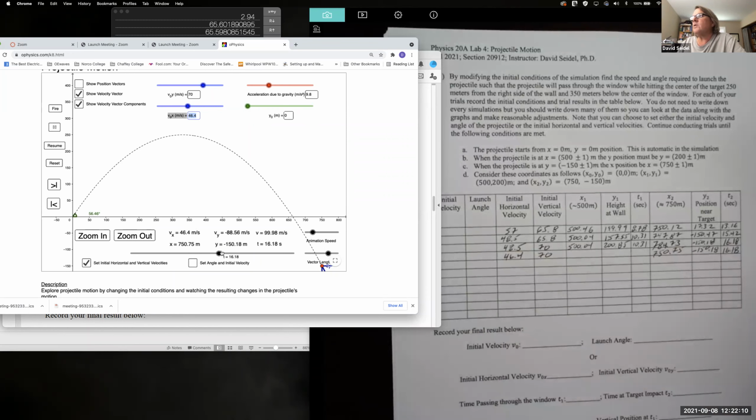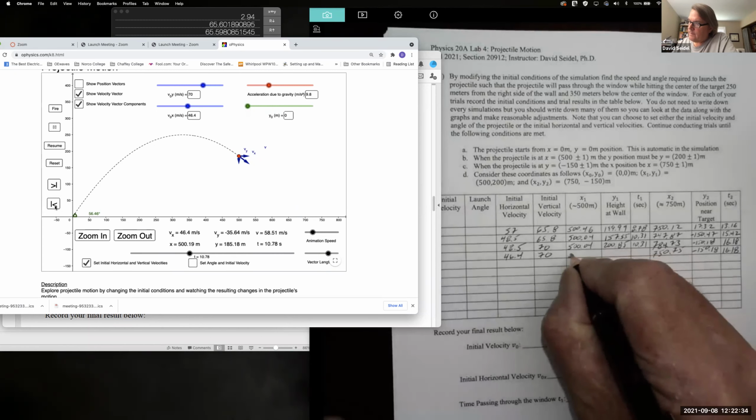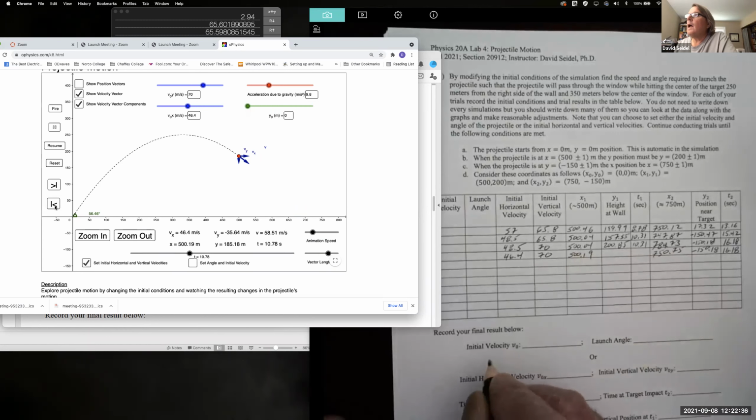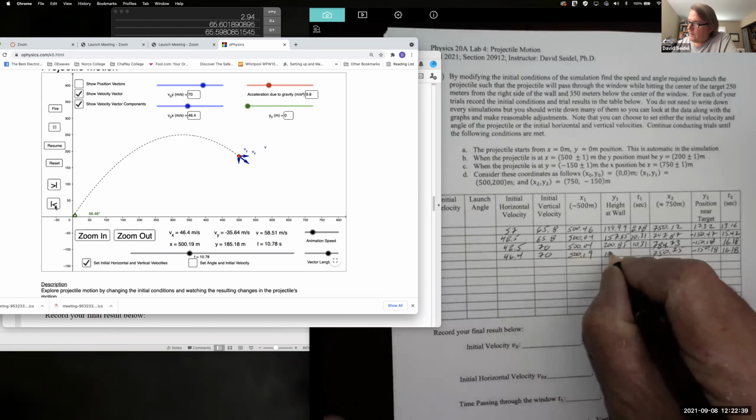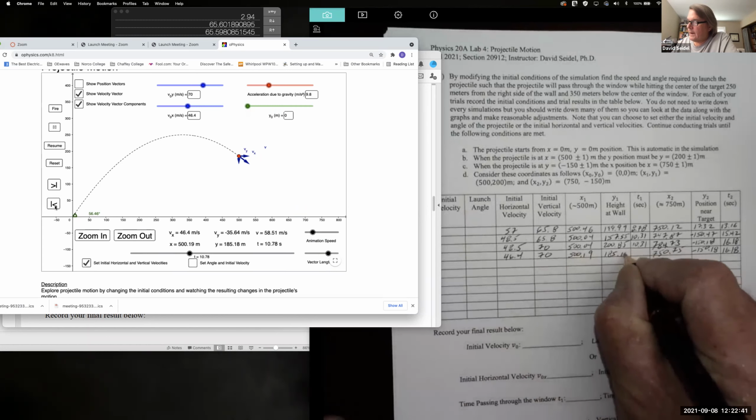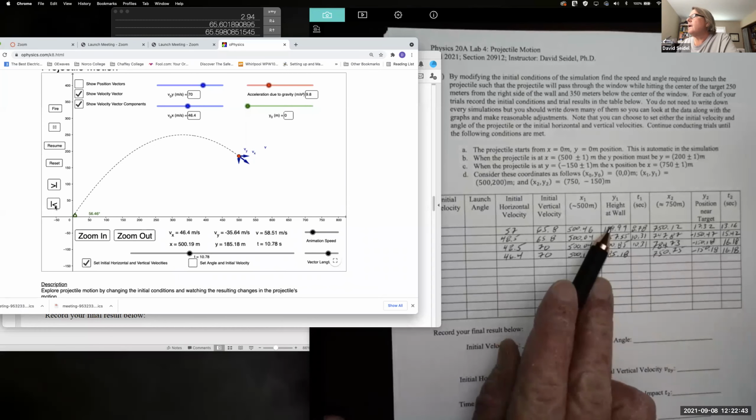And when you move back so that x is 500, it's 500.19. And I'm at 185.18.